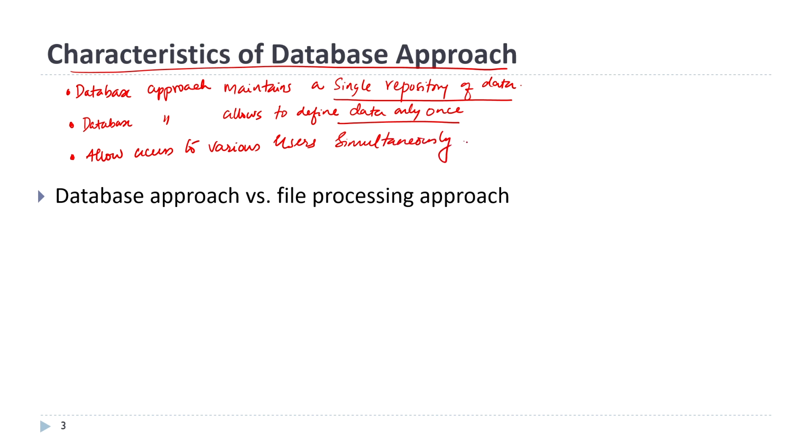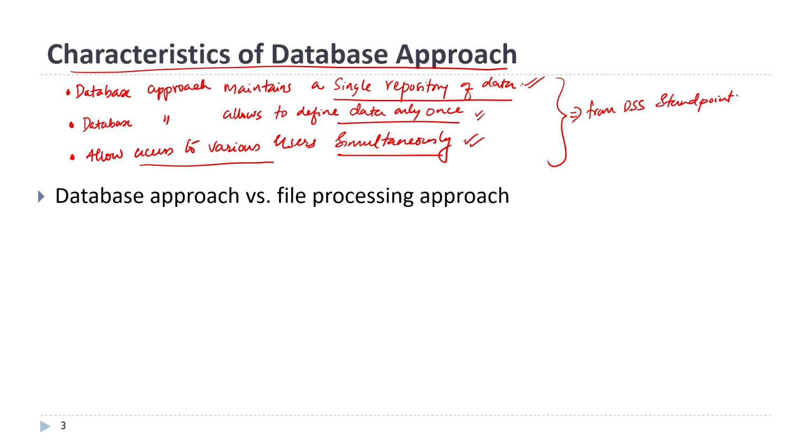So, the major aspect is you maintain a single repository of data rather than every decision maker carrying an individual copy of the data. In this repository, whatever data is contained is defined only once and uniformly, and access is allowed to various users simultaneously. At the same time, people can access a single repository of data. That is the main characteristic of a database approach, and these are from a DSS standpoint.